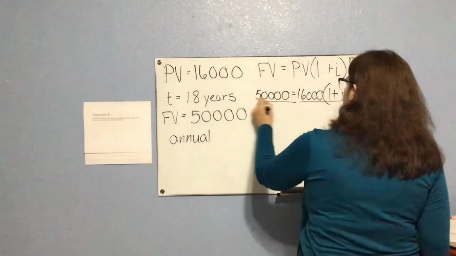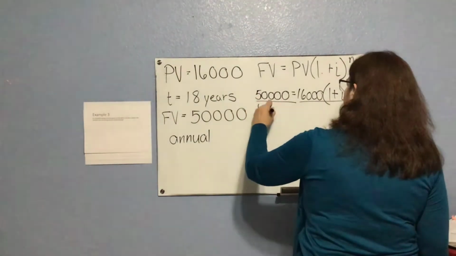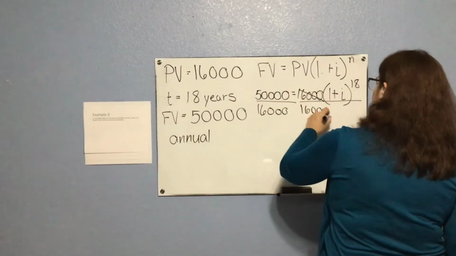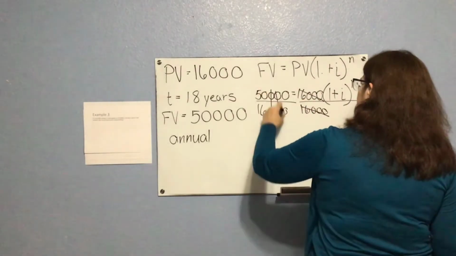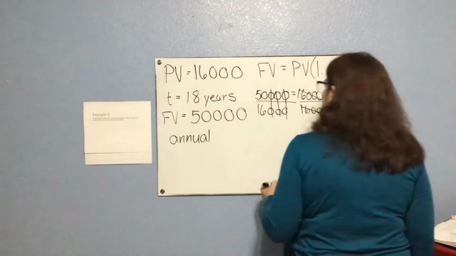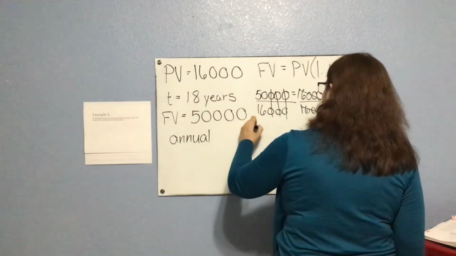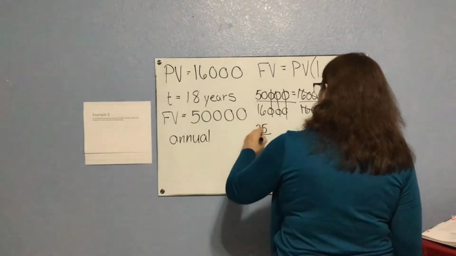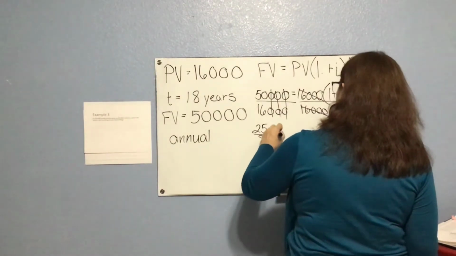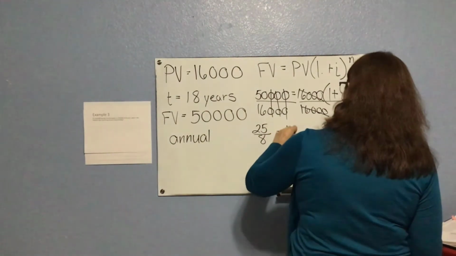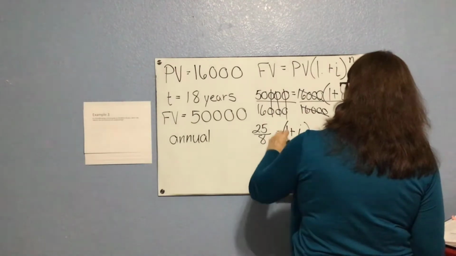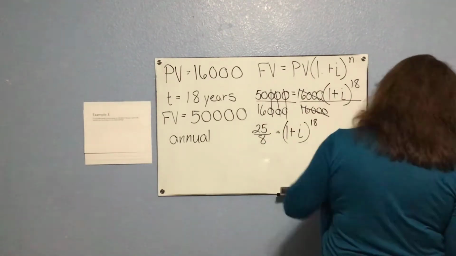The first thing I'm going to do is divide both sides by 16,000. That gets rid of this. That gets rid of a lot of this. And this gives me 25 over 8 is equal to 1 plus I to the 18th power.